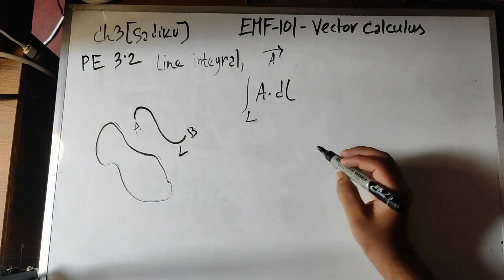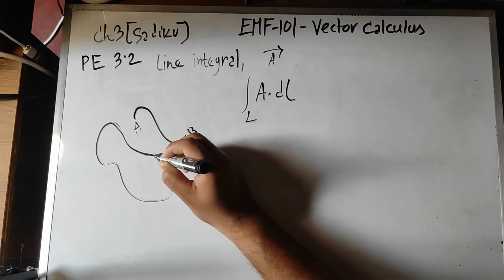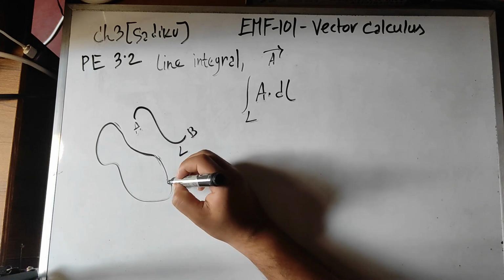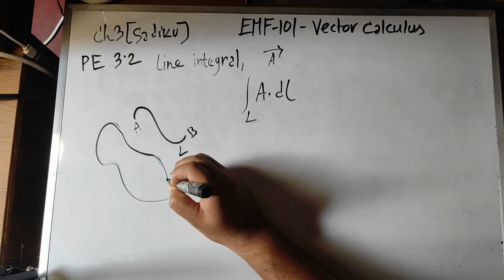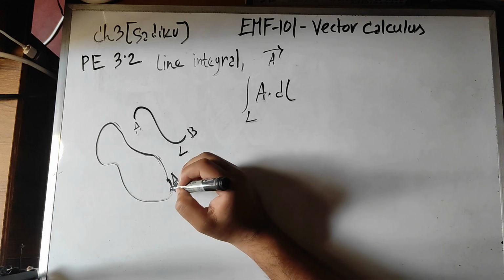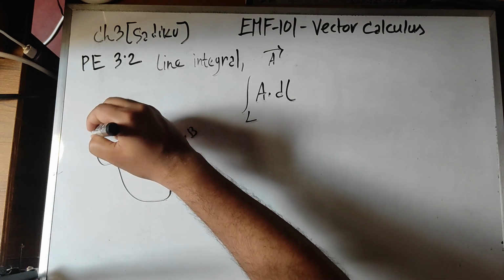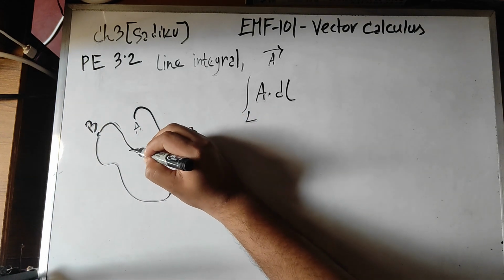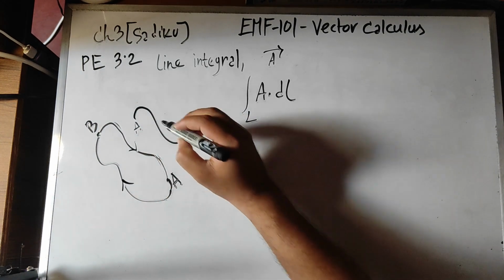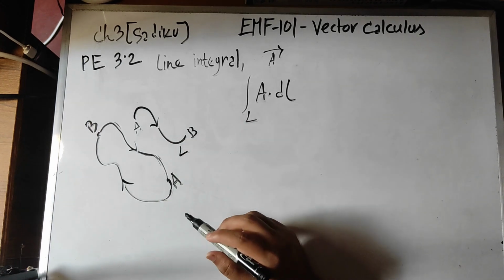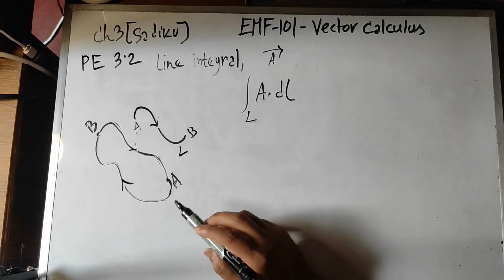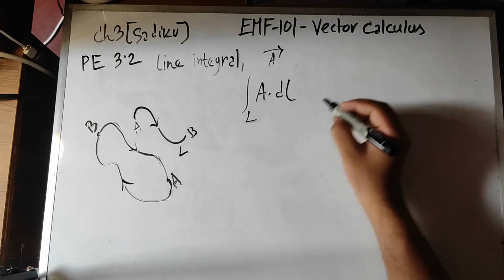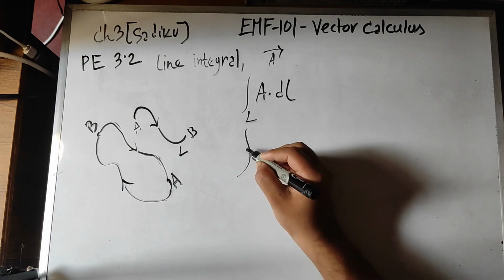If the path is a closed loop like this, say this is A and this is B, we can apply our definition of the line integral for a closed loop.